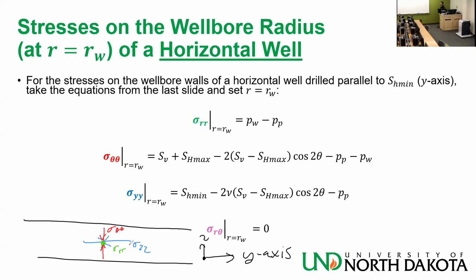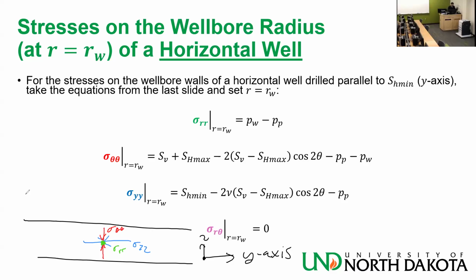Now it's hard to understand very well, but what I'm trying to say is that if a fracture opens against sigma theta theta, it will be a fracture that is like this. So the wellbore is like this, the fracture would be like this. Remember, the width is opening against sigma theta theta.